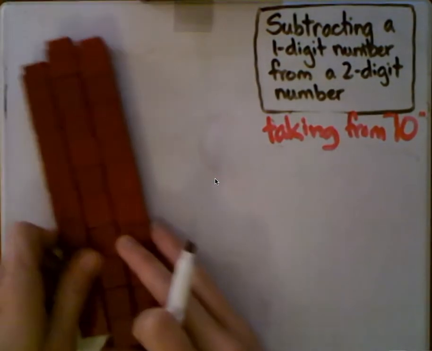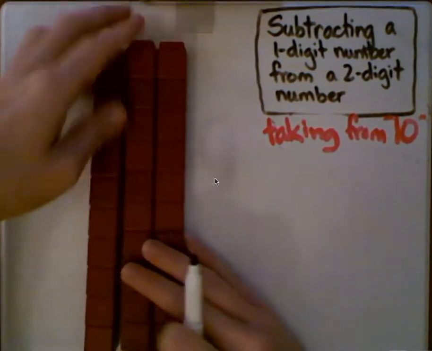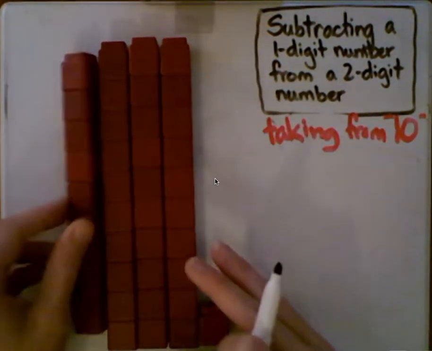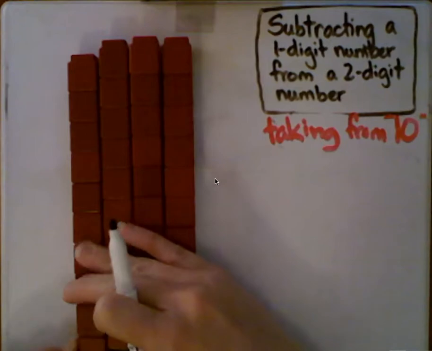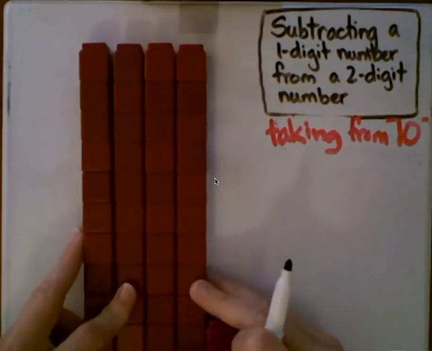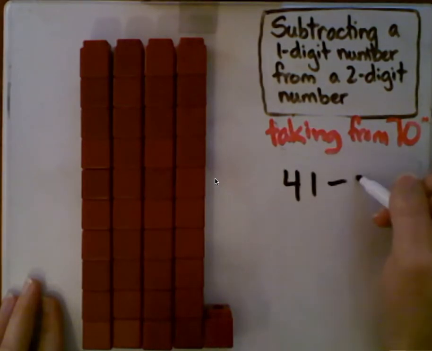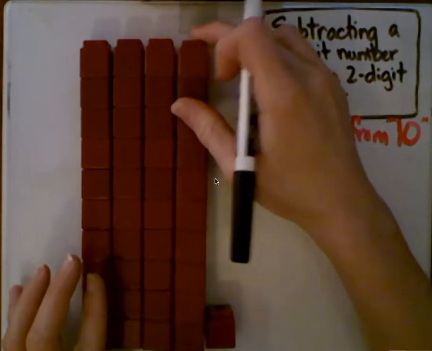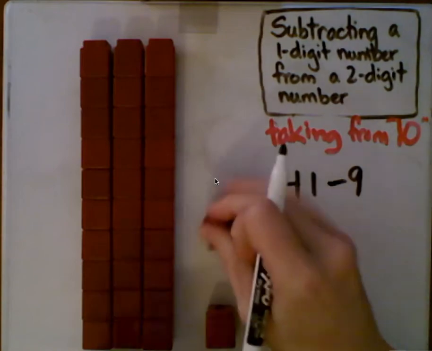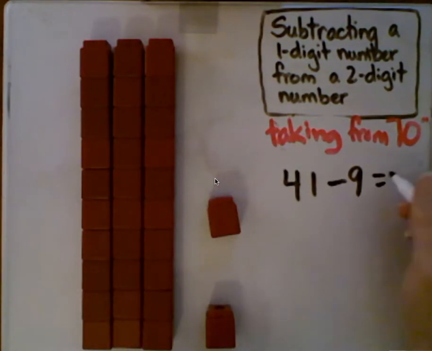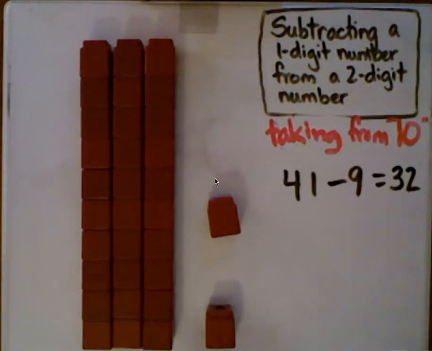Let's try another one. Let's just do it with cubes first. Right now we have 41. 41 minus 9. I'm going to take out 9 from here. How much do I have left? Just looking at it, you can see 32. Well, how did I do that?